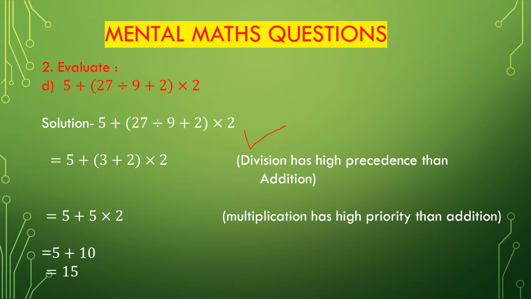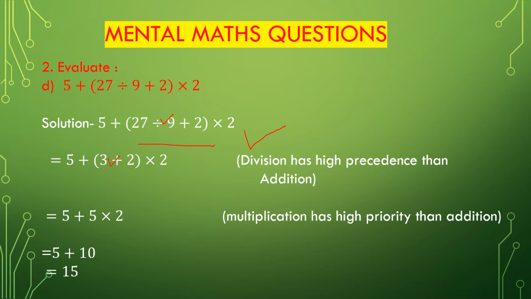We know from BODMAS rule, bracket operation has the highest precedence than all other operations. So first bracket operation will be performed. Inside the bracket, division and addition operations are there. We know division has higher precedence than the addition. So first we divide 27 with 9. 27 divided by 9 we get 3.